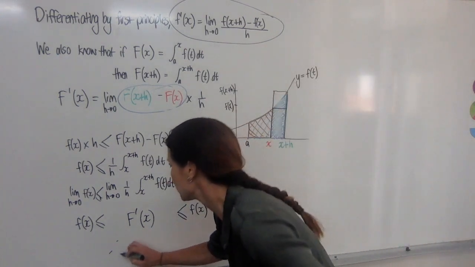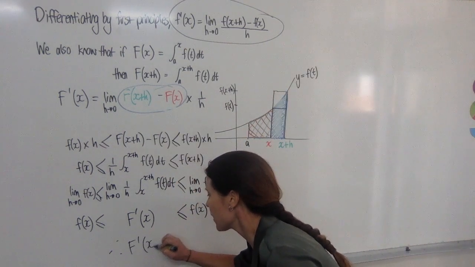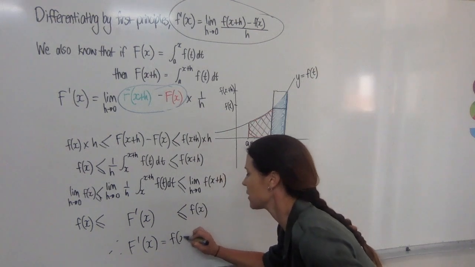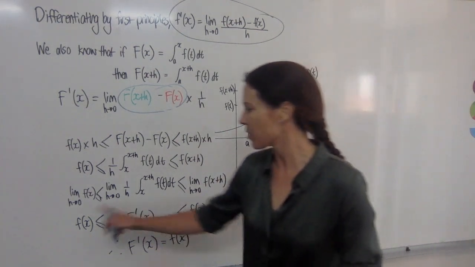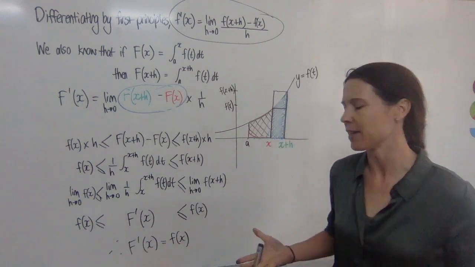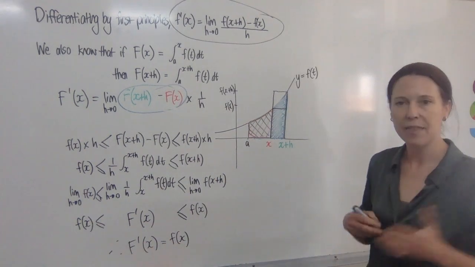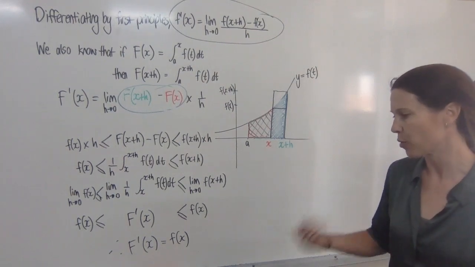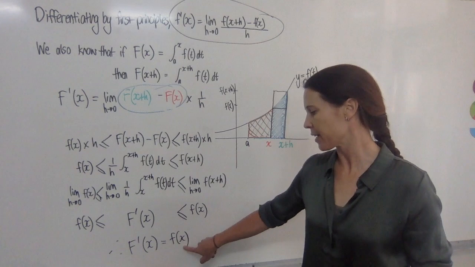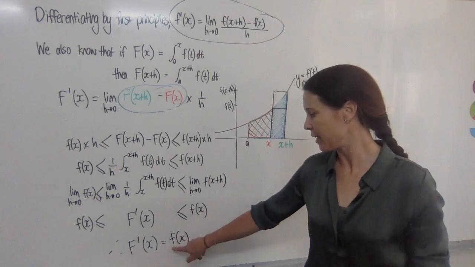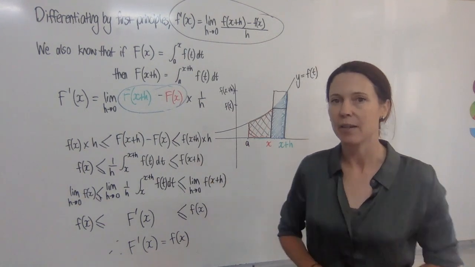So therefore, big F dash x must equal little f of x, because how can it be smaller than or equal to this one and greater than or equal to this one if they're both the same? It must equal it. And then we've finally proved the fundamental theorem, which is that if we differentiate big f of x to get little f of x, then if we integrate little f of x, we must get big f of x.